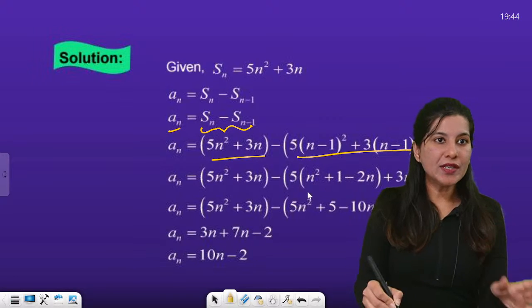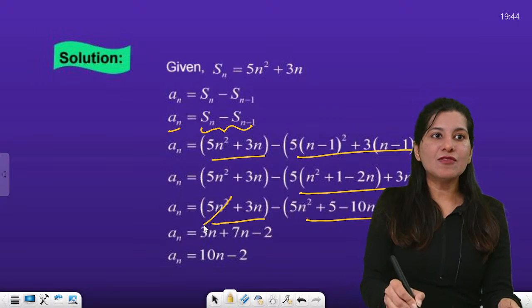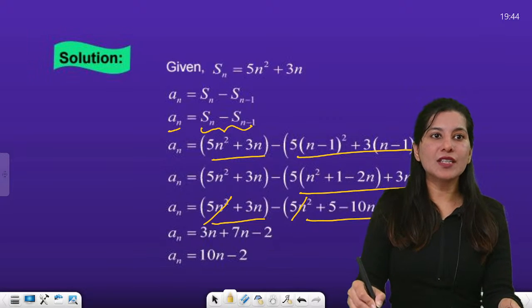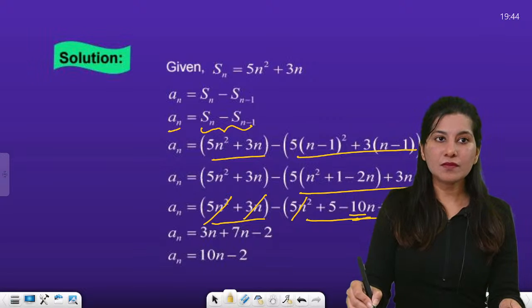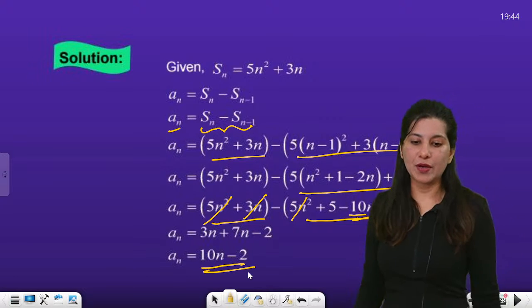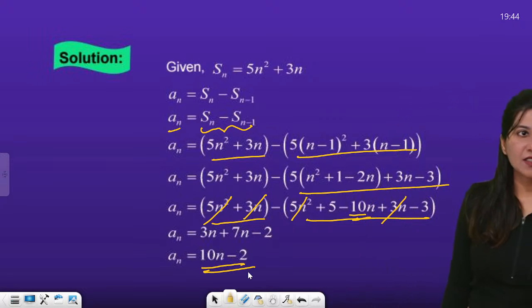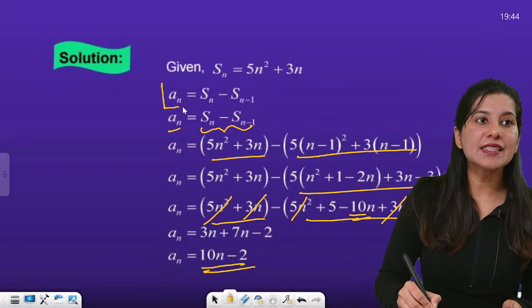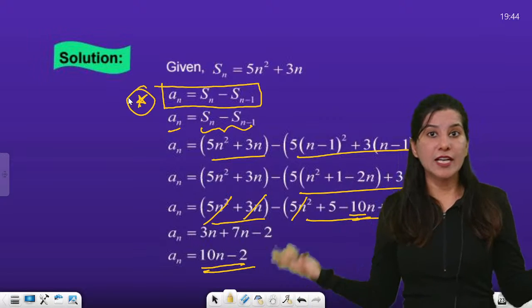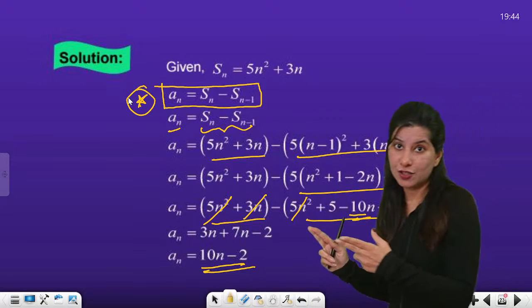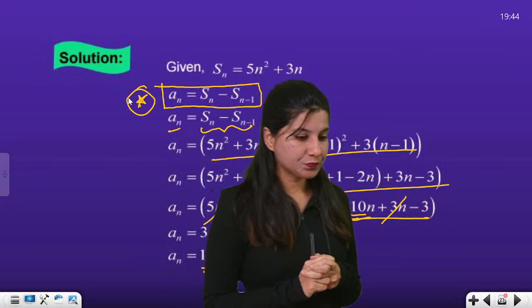Subtract these two, open it, expand it. 5n square cancels out, 3n cancels out, you are left with 10n minus 2. So this will be your answer. This formula is something you need to learn, remember, and add to your formula sheet. I hope I am clear.